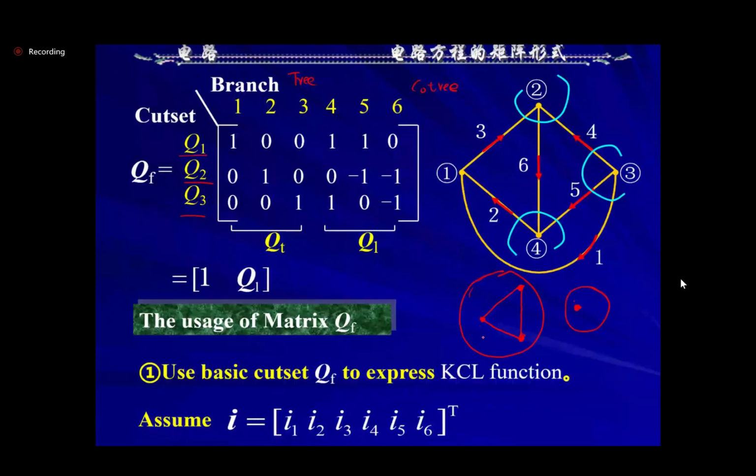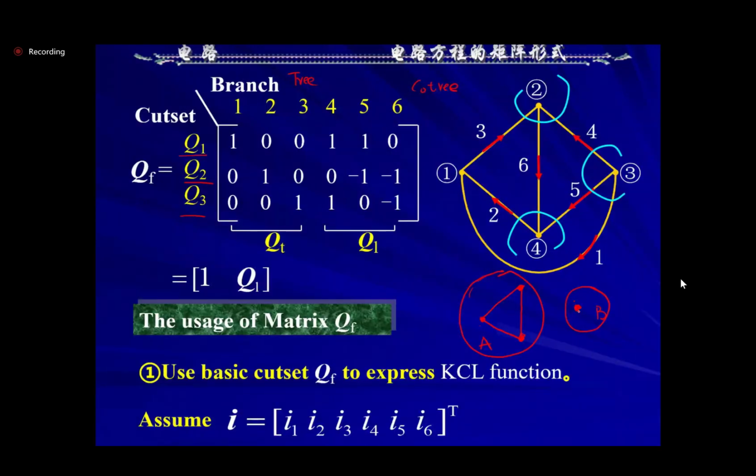We use part A to express one side, B is at the right side. For this cutset, 4, 5, 1 is the cutset, and the tree is 1.